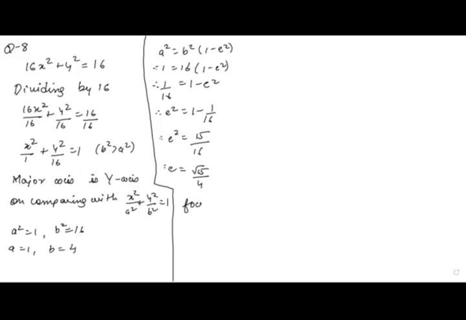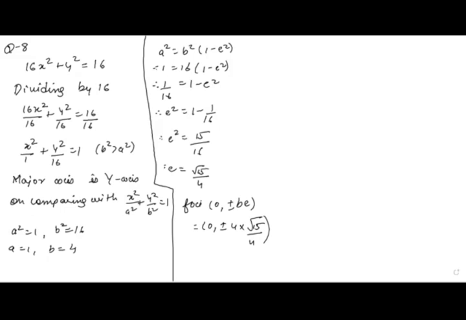Now for foci, I know that it is on y-axis, so 0 comma plus minus be. The value of b is 4, whereas eccentricity is root 15 by 4.